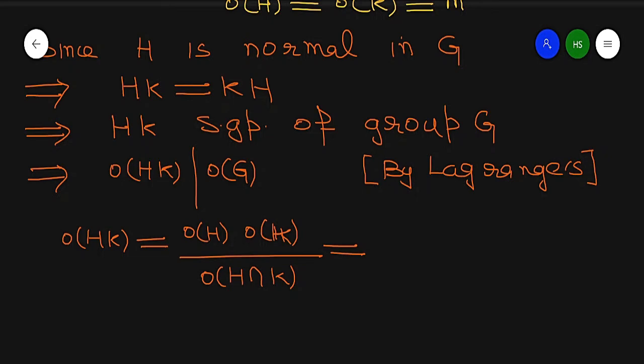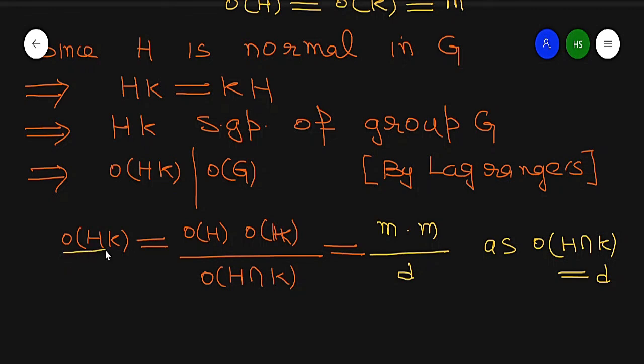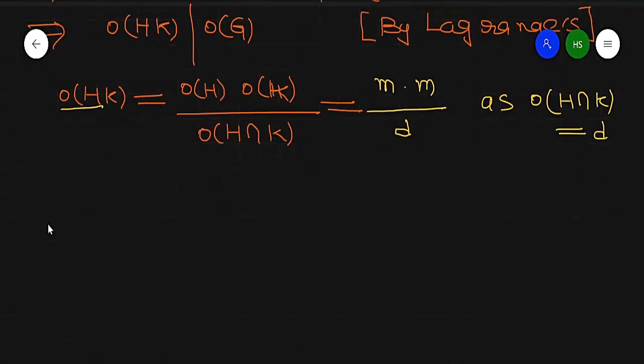Now we know the order of H is M, and the order of K is again M. I take the order of H intersection K as D. So when we substitute its value at this place, it means M into M by D, which divides the order of G. So what is the order of G?